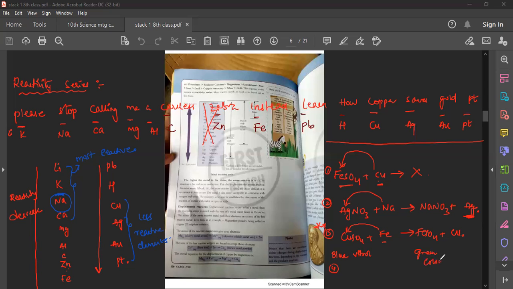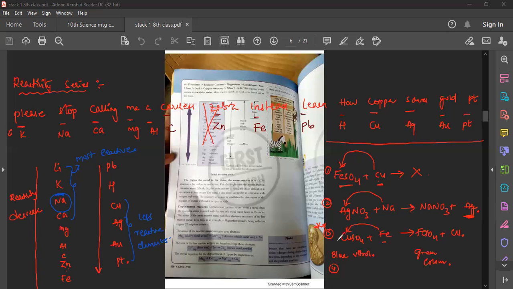Understand? So FeSO4 is a green color, CuSO4 is a blue color. We call this blue vitriol, and we call this green vitriol. Understood, sir. It is very important. I'll explain it with the diagram only.